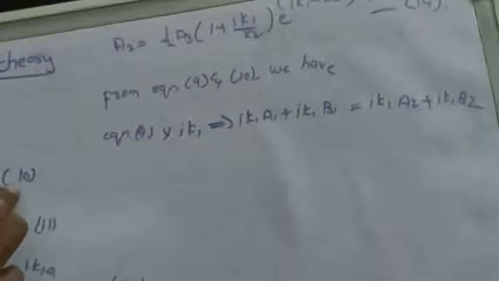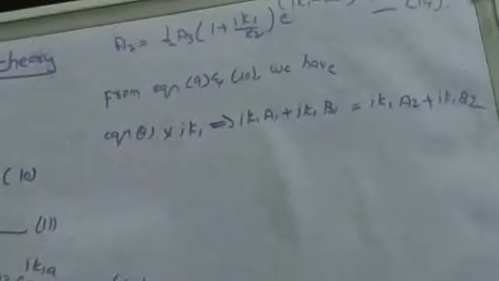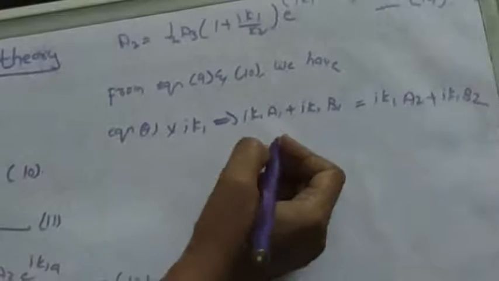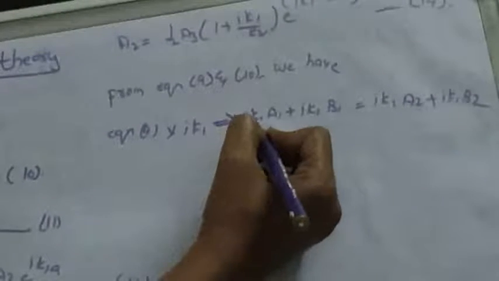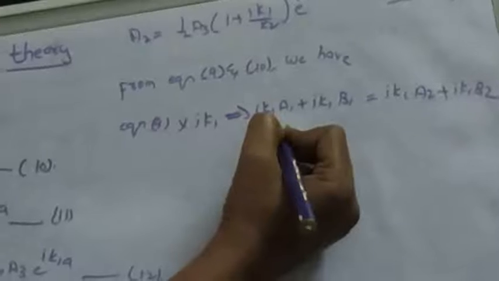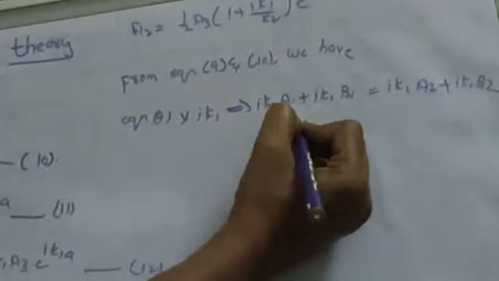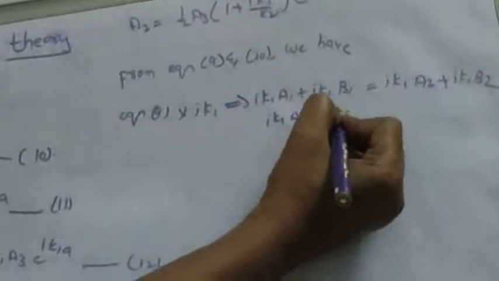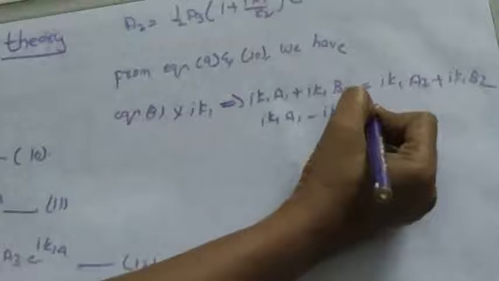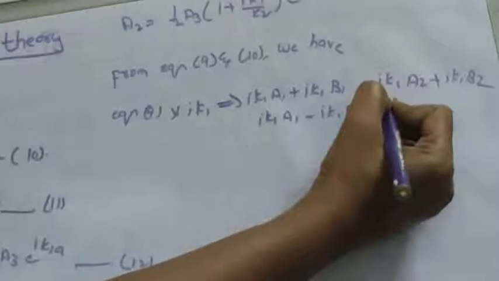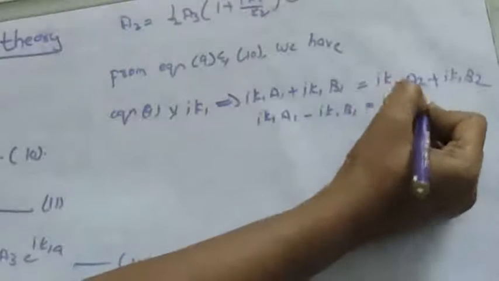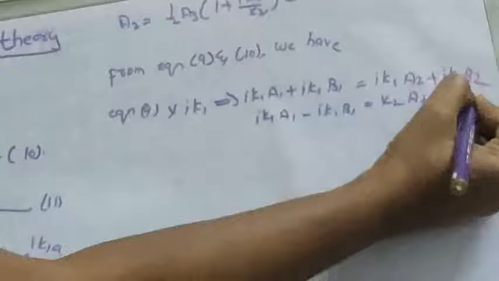Similarly, I am going to take equation 10 and subtract. So what is equation 10? ik1 A1 minus ik1 B1 is equal to k2 A2 minus k2 B2.